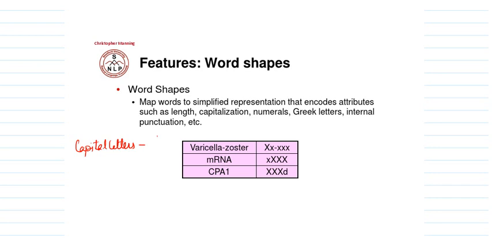So it can be replaced by capital X. Small letters can be replaced by small x, and then numerical numbers or decimal numbers can be replaced by small d, right? And a sequence of any of these above can be represented by a hyphen.